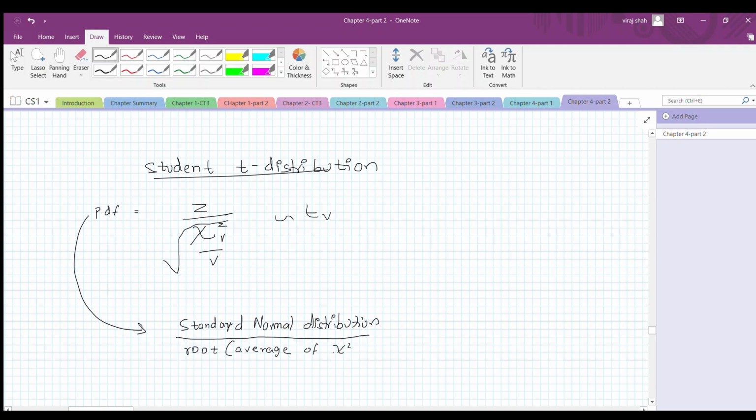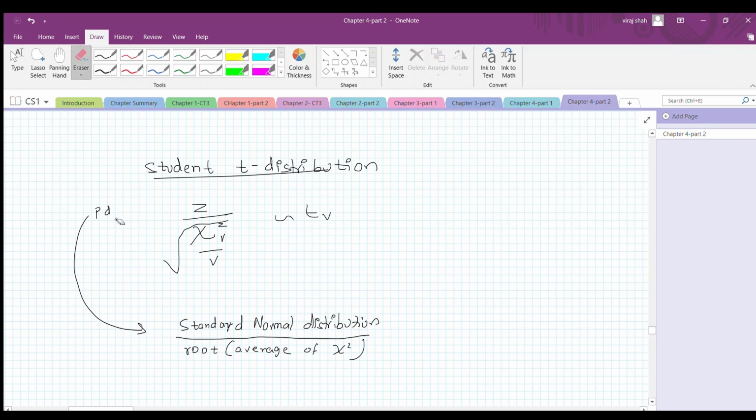So the average of chi-square is this part, root of it. And standard normal is denoted by Z. So this is the formula for the student T distribution.